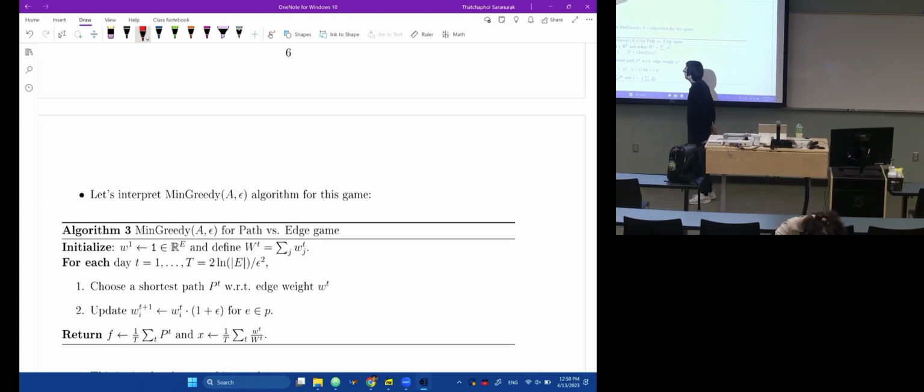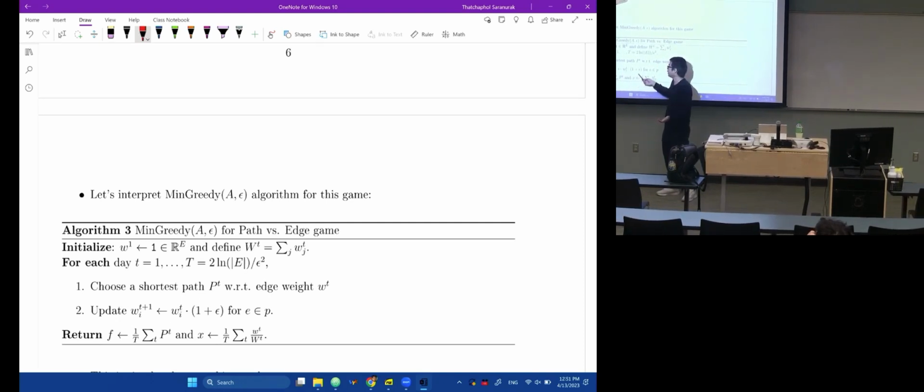It just means that you have several rounds. On each day, the min player is greedy and chooses the shortest path according to the weight. The weight can be x_t and w_t, which is just scaling, it doesn't matter. I choose the shortest path with respect to the current weight. And then once you choose a path, the max player needs to update its weight on each edge.